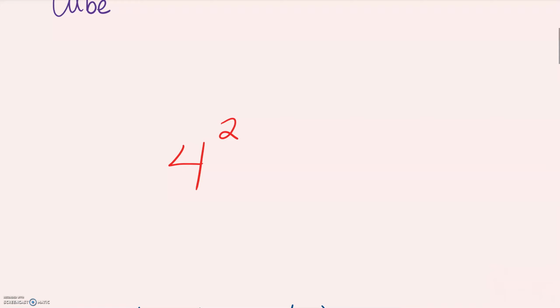Alright, so now if we take a look at this, remember this is called 4 squared, or 4 to the second, or 4 to the power of 2. They're all the same. Take a second, remember what that 4 is, remember what that 2 is.